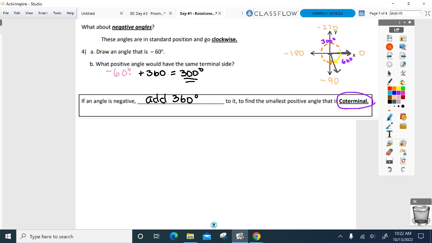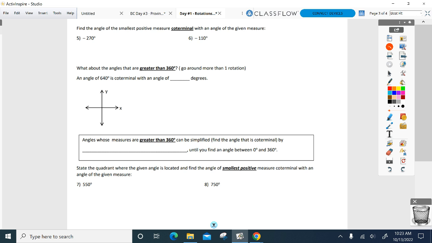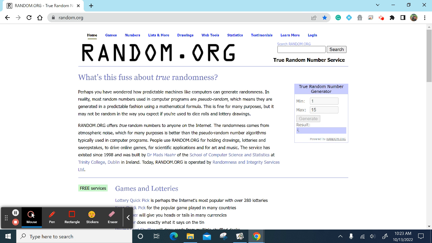All good? We're going to go a little bit quicker now because the angles may change, but the rules don't. I have an angle of negative 270 in number 5. Could somebody get me the smallest positive angle that's coterminal with it? It needs to be positive, so what do you do to the negative 270 to make it positive?